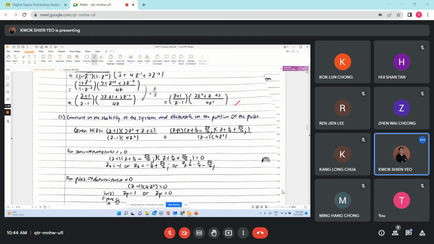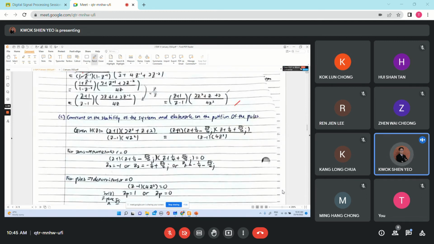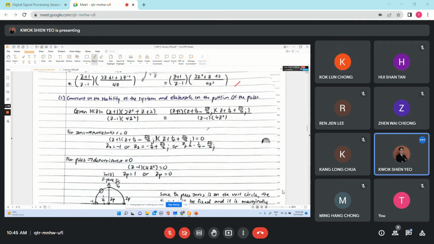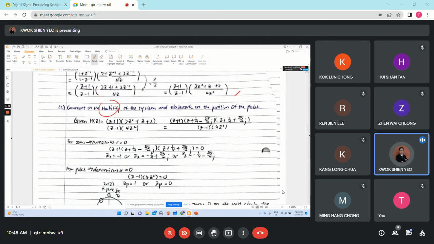Next is comment on this. You simplified it. So let's say this is your simplified form. Then you want to check whether it is stable or not. From here, to see if it is stable, look at the denominator. What is the pole?